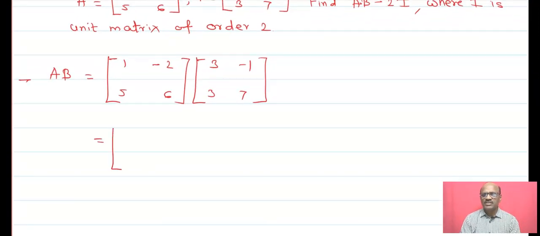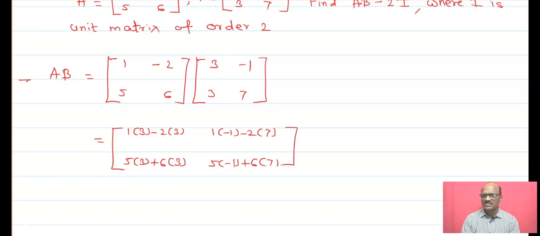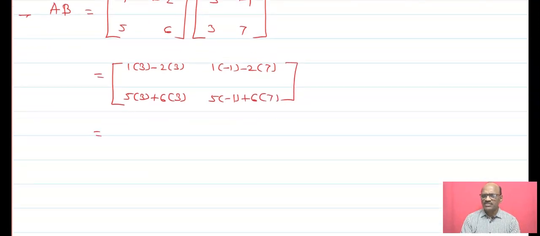A number of the students say, sir, explain, you just keep writing. Now I had written very clearly: first row, first column, first row, second column, second row, first column. This is the one. Second row, second column. Now see this. If you see this, you can get it.